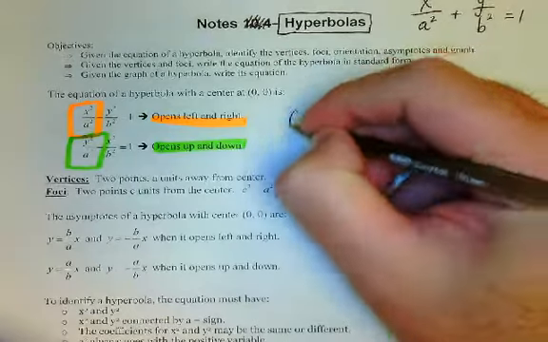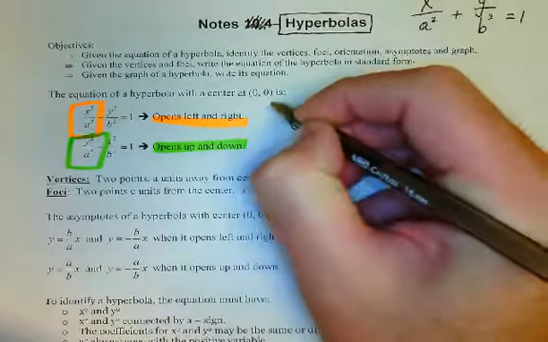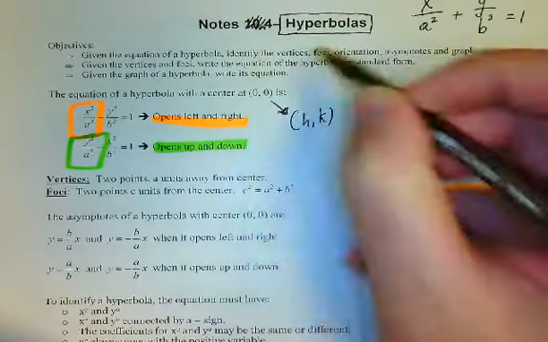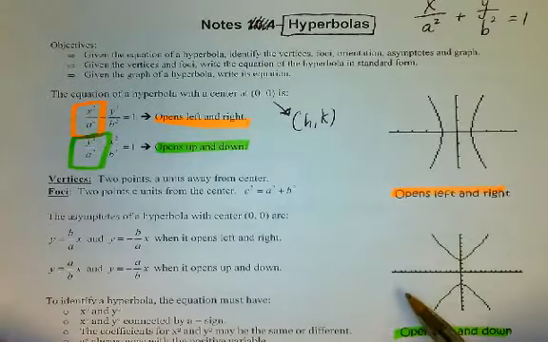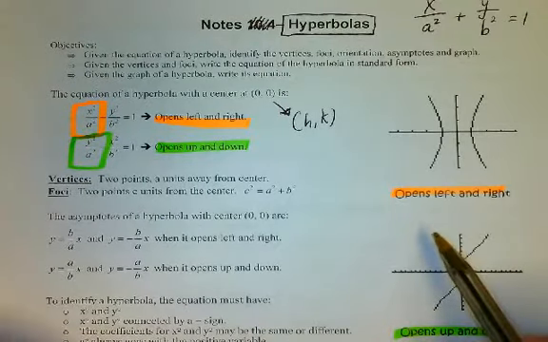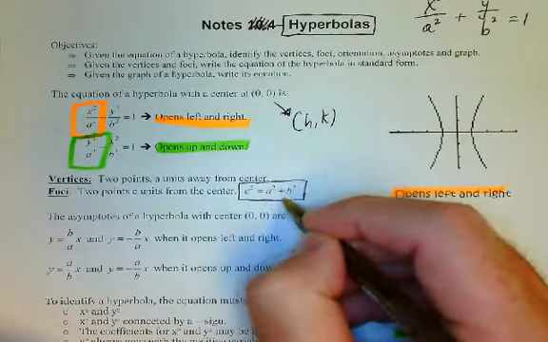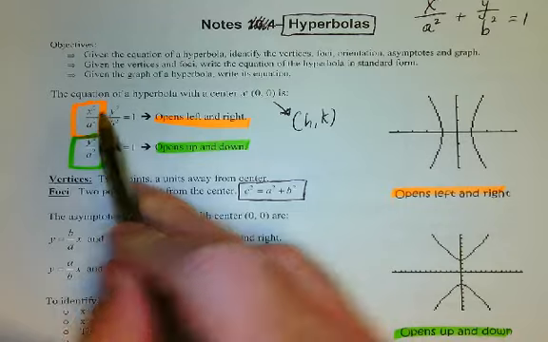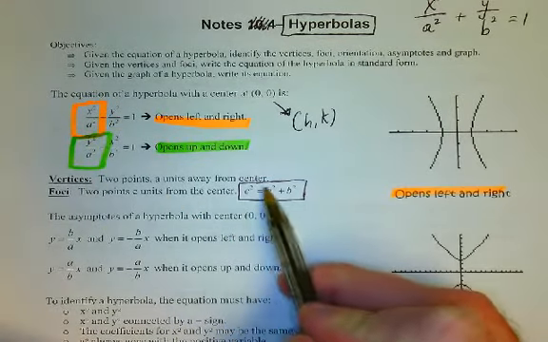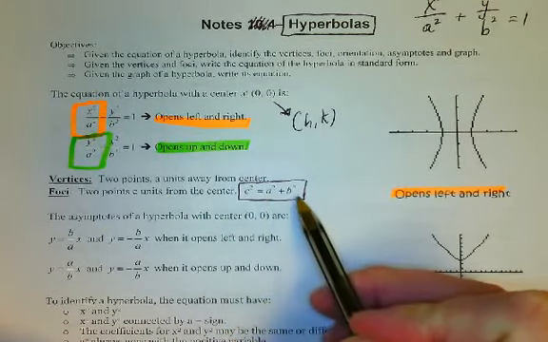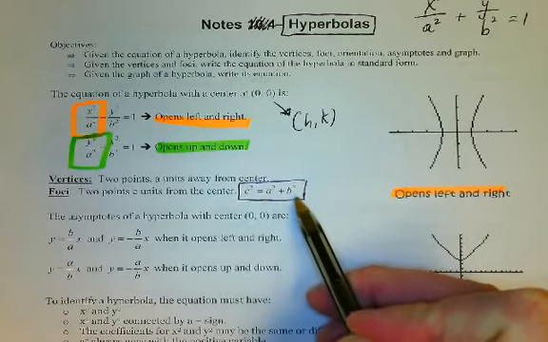Our center will always be at what's called h comma k. In this case, our h comma k is 0, 0, so we don't see it there. And we have foci with the exact same equation, only because this sign is different than the ellipse equation, our foci equation has a plus. So it's exactly the same thing as the Pythagorean theorem.